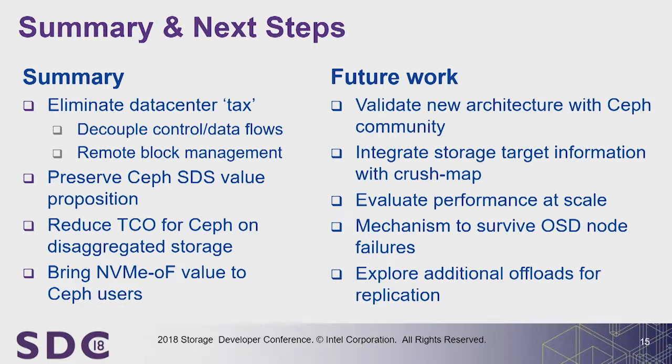So that's what we are referring to here as mechanisms to survive OSD node failures, and we think that's an interesting future area of work, as well as additional offloads that are possible with this kind of approach. So I think that's basically what we have here today.